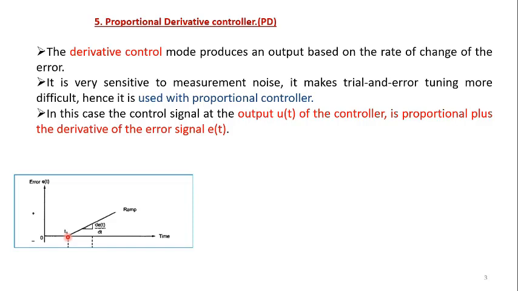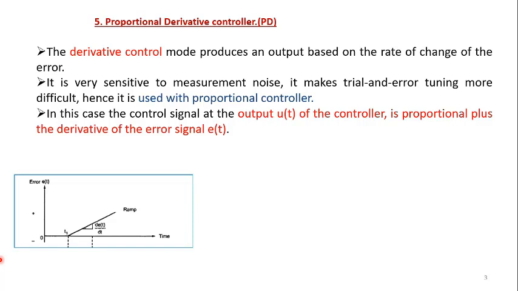But as the error changes, the derivative mode will start to produce the output based on the rate of change of error. When the error input changes constantly with time, the rate at which the error changes becomes predictable, and based on this derivative error, at that instant we find the output.